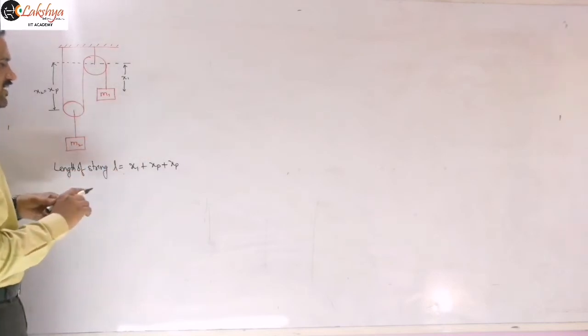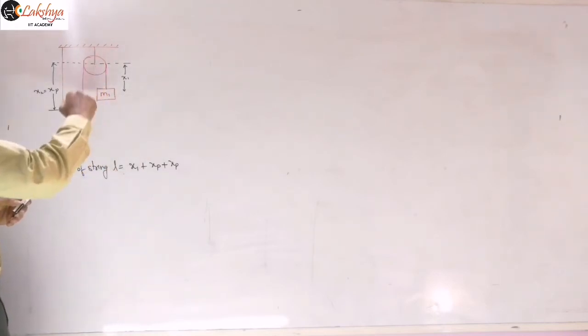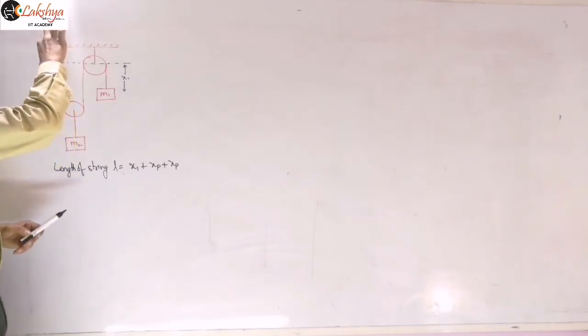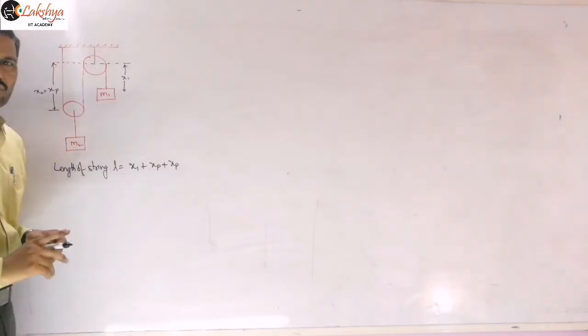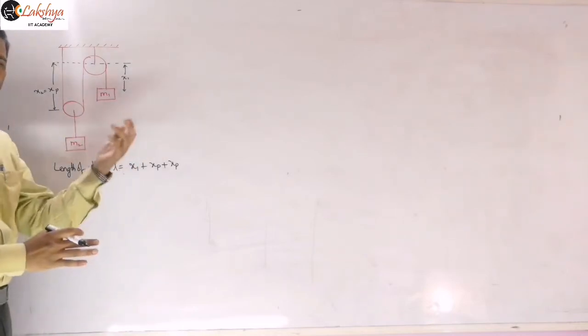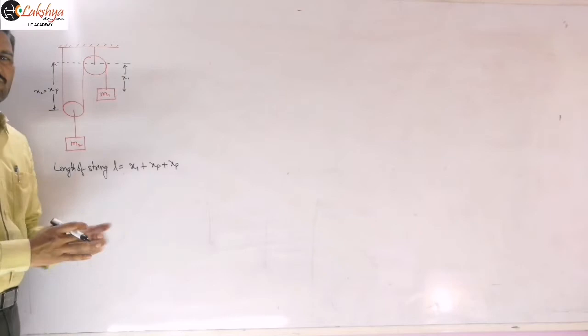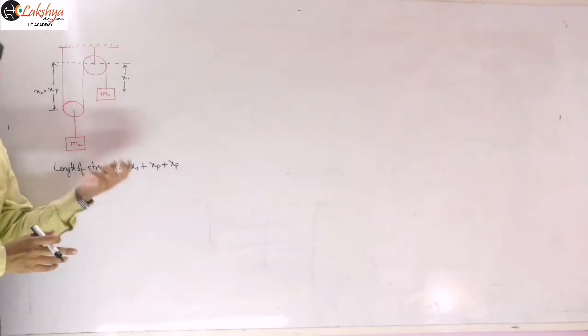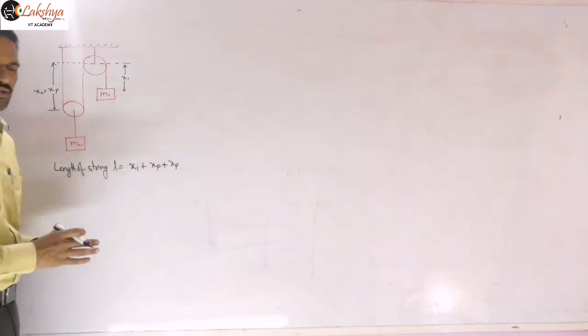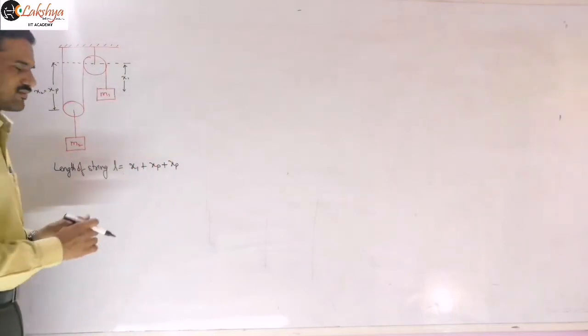And again you may consider that some length will be there on these pulleys. Here some length is there, and here some length is there, and here also some length is there. All those lengths are constants. In the previous class I considered that as x0, and it is not required to write here, because the differentiation of that x0 is 0. We will differentiate this equation, so I am not writing that constant length here, or you may write some constant there, no problem.